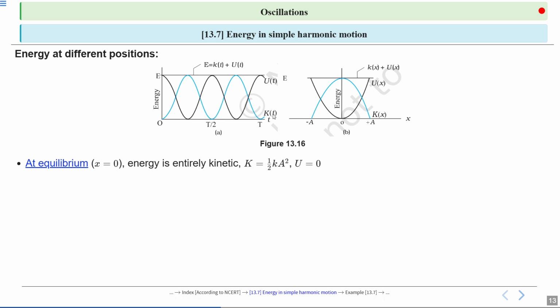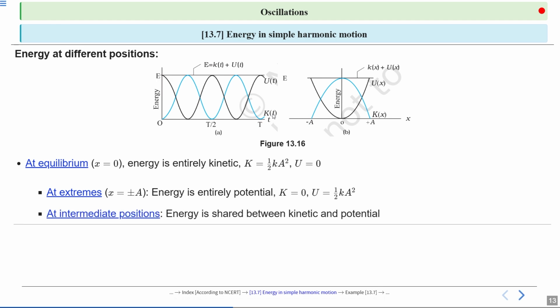That means the object is moving fastest here. The formula for kinetic energy is K equals 1 by 2 Ka square, and U equals 0. Next, at the extreme positions where x equals plus or minus A, all the energy is potential. Here the object stops momentarily before reversing direction. So the kinetic energy is 0. The potential energy is U equals 1 by 2 Ka square.